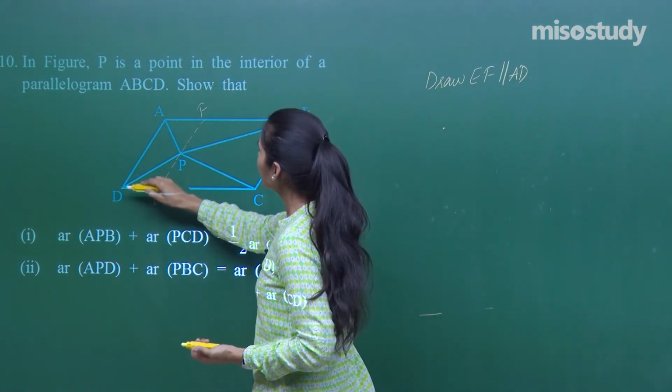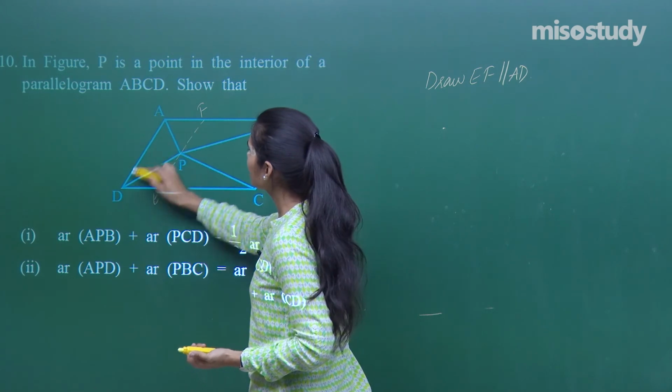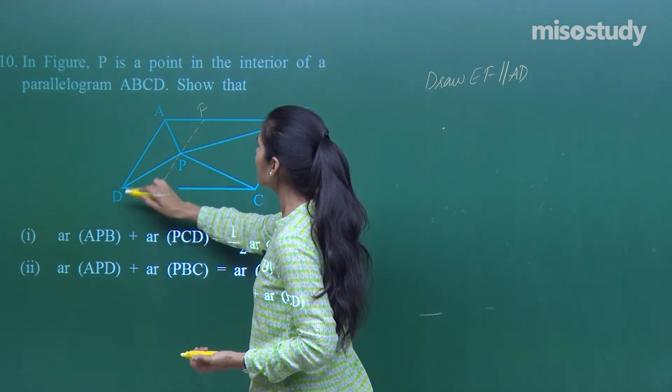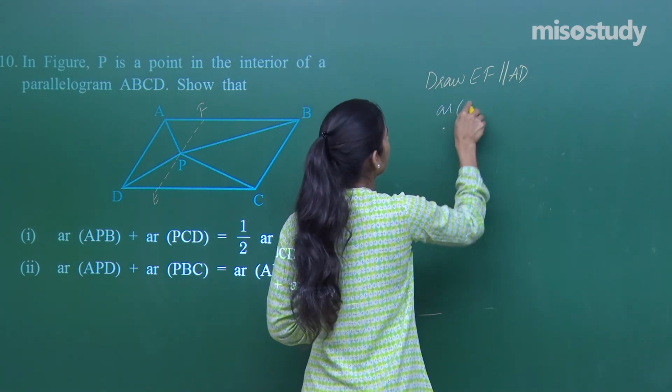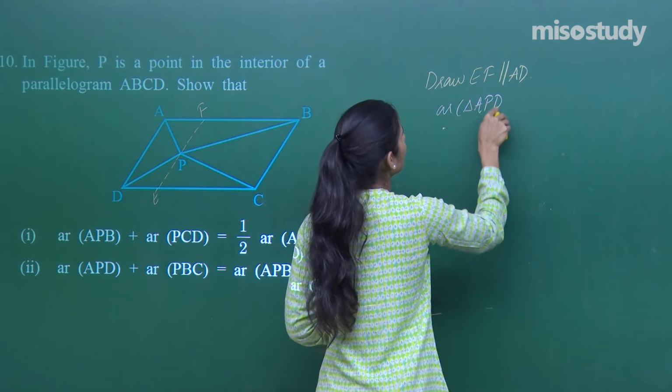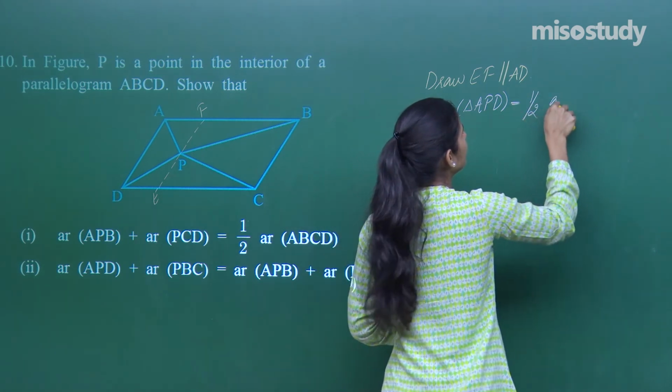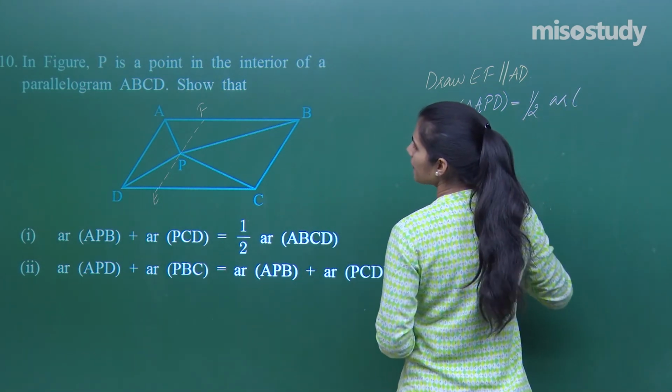Both the parallelogram AFED and triangle DPA are lying on the same base AD and between the same parallels AD and FE. So area of triangle APD is half of area of parallelogram AFED.